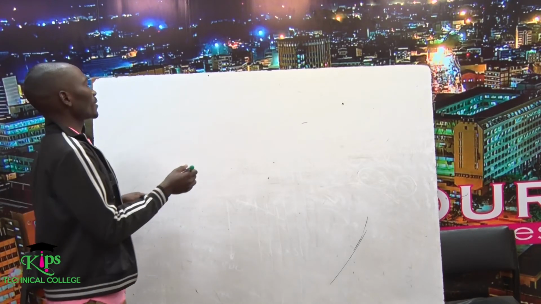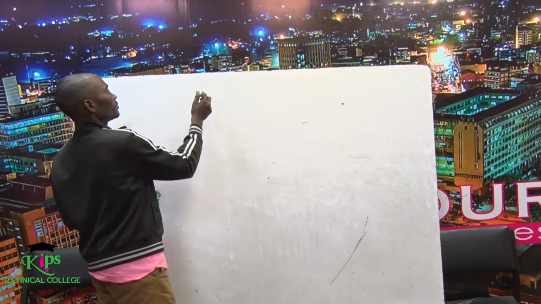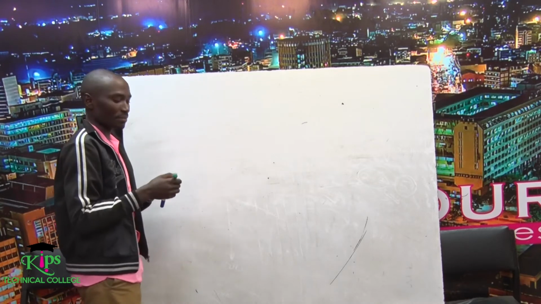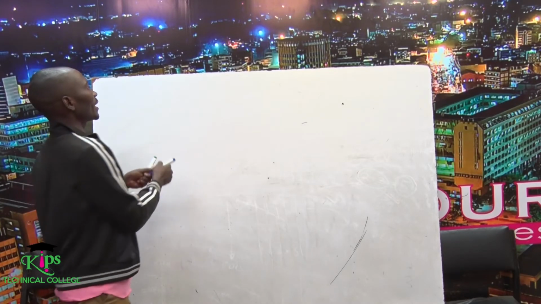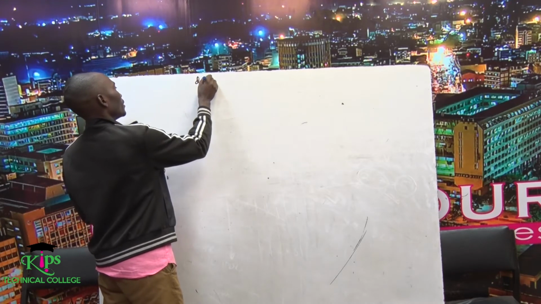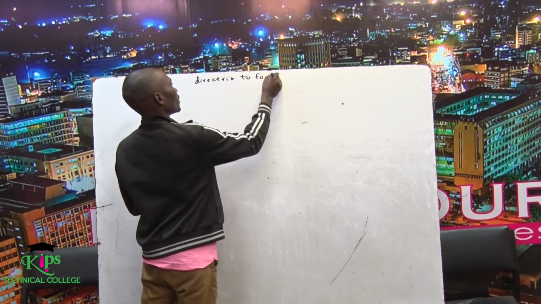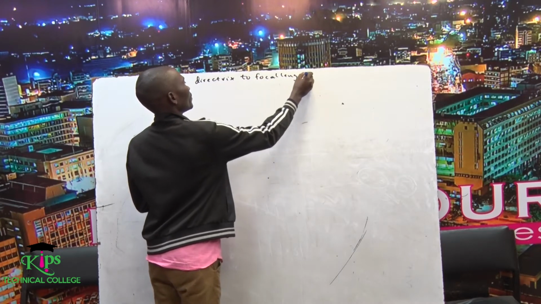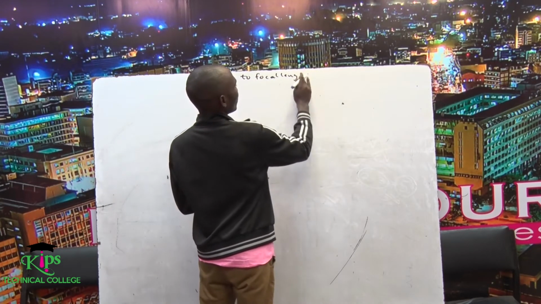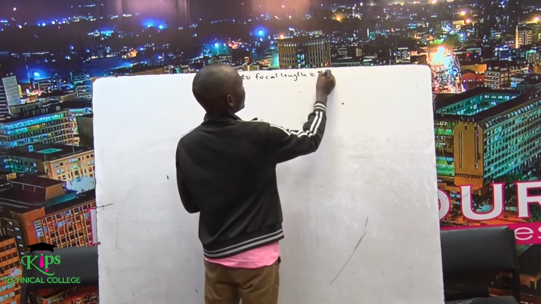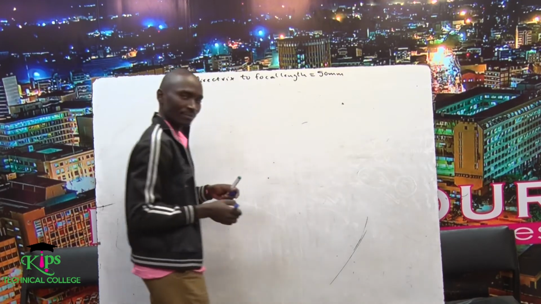So in that particular question that we were handling, we had been given the distance between the directrix and focal length, 50 millimeters.